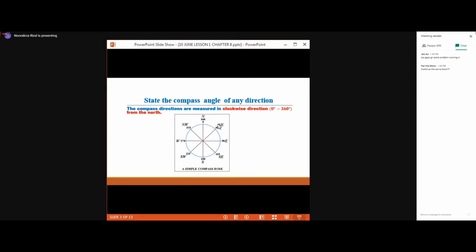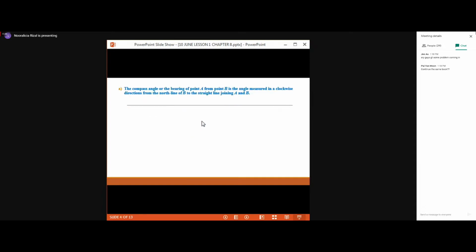So clockwise, so this one, that means on your right-hand side, your east is 90, then south is 180, west is 270, and then go back full circle, 360. Okay, so repeat, it is from clockwise direction and is from north. Okay, so it's not the anti-clockwise or the other direction. Yeah. Okay.